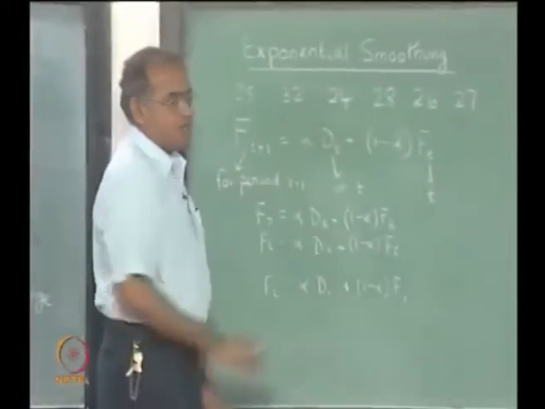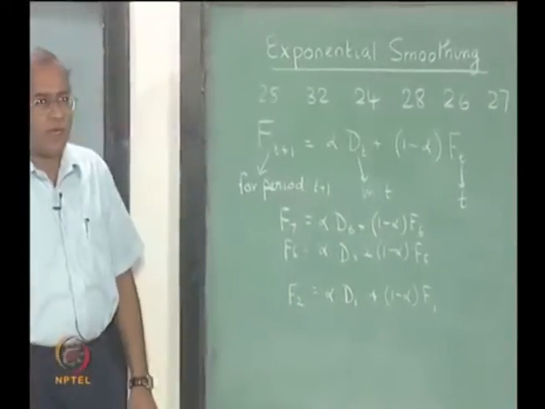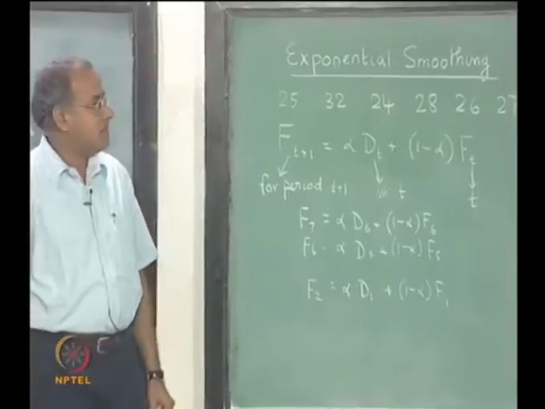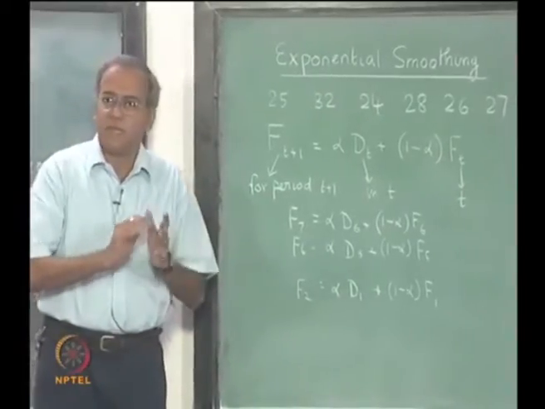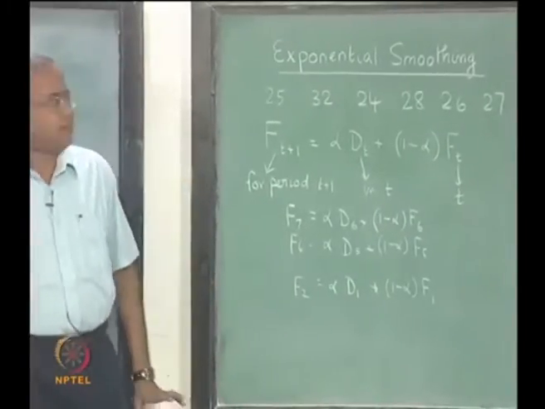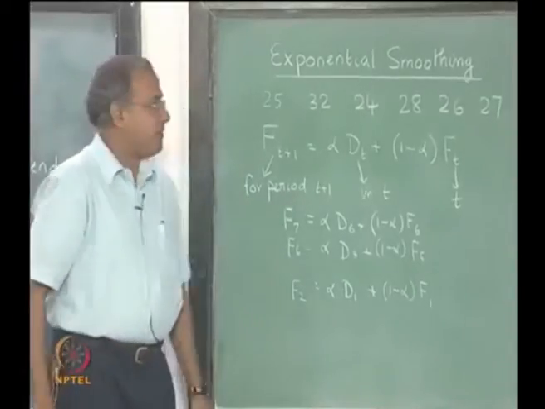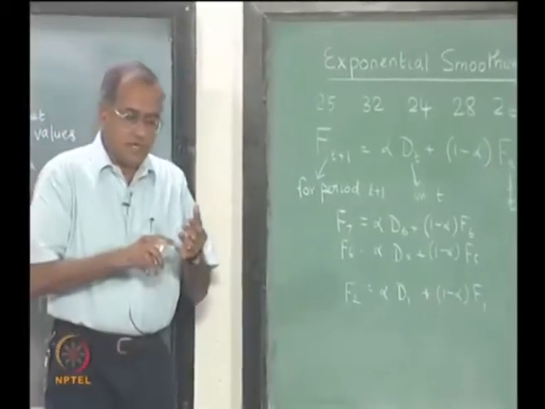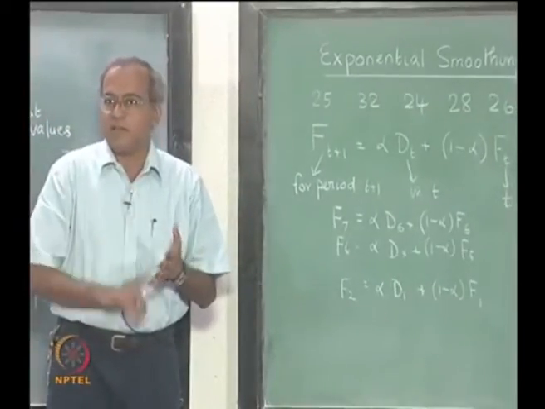Now, what are the advantages of exponential smoothing and what are the areas we need to address in exponential smoothing? First, let us address perhaps the advantages of exponential smoothing. When we set out to do exponential smoothing, we said that we want a model where we use all the values.